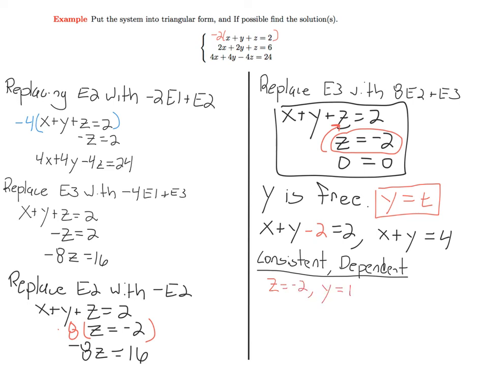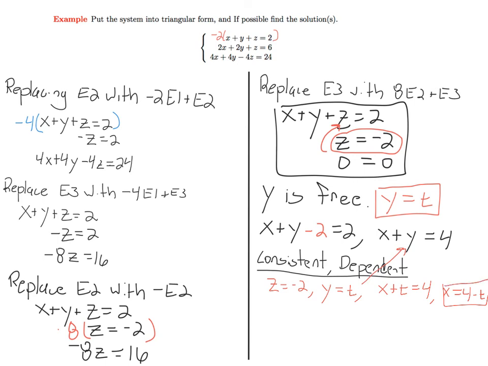Y we can let be free, so it can be anything. And once I pick values for z and y, this means that x plus t is 4, plugging this in over here, which tells me x is equal to 4 minus t.